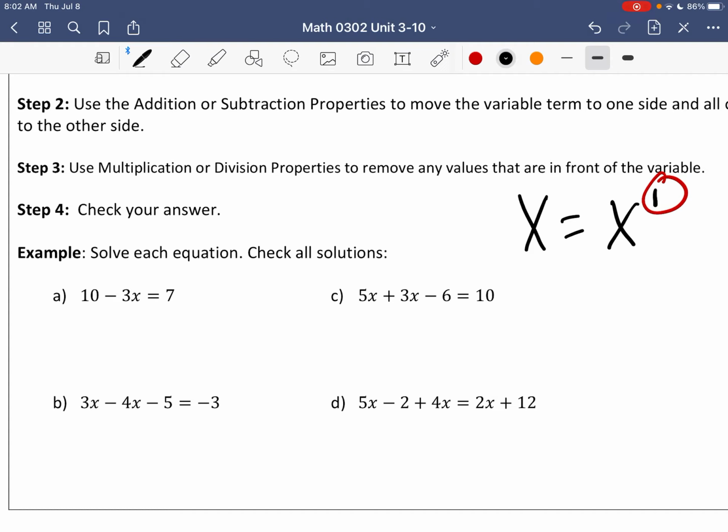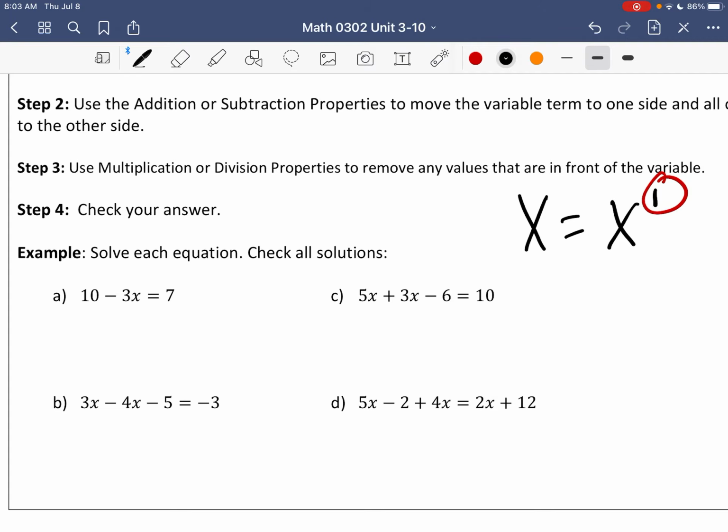In the example, solve each equation and check all the solutions. To make it easier to solve the equations and check the solutions, I'll do it on another piece of paper. Like I said, we're going to be combining everything that we know from Unit 1 up until now to solve these equations.